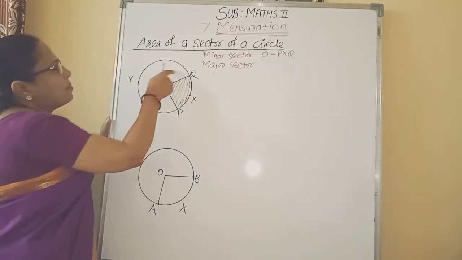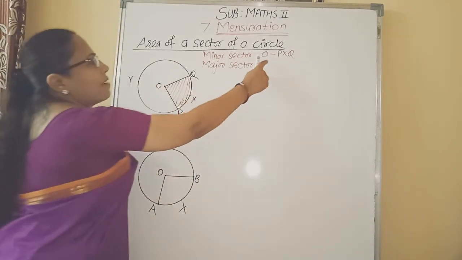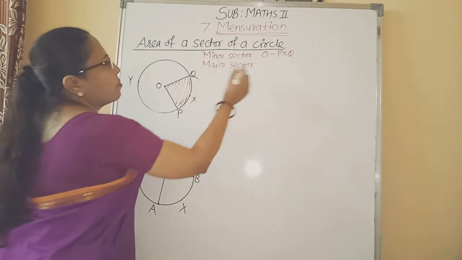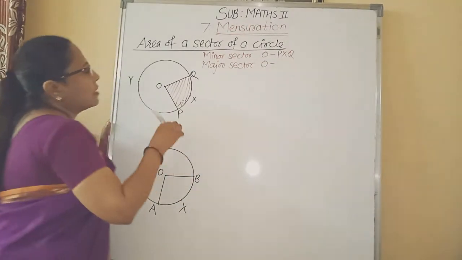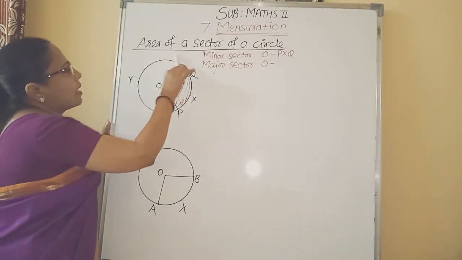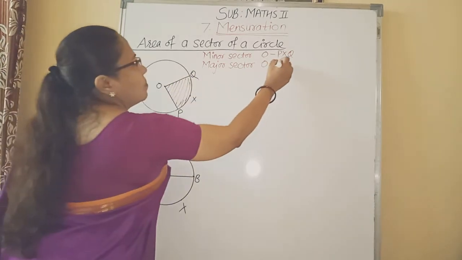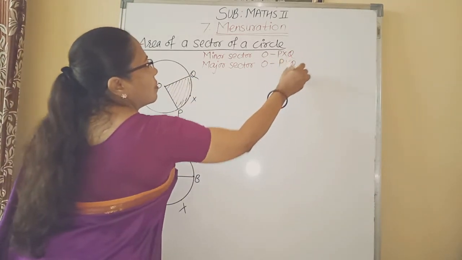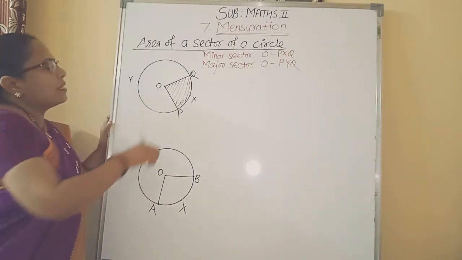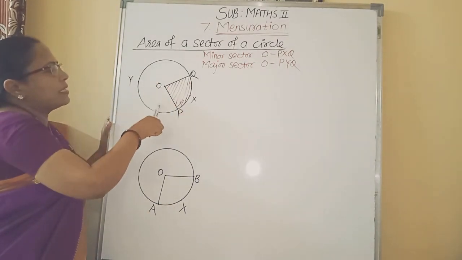So name of this major sector, same way we can write. First write down name of center, then write down the name of this major arc PYQ. So these are the minor sector and major sector.